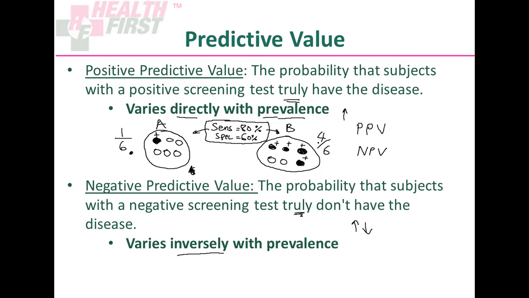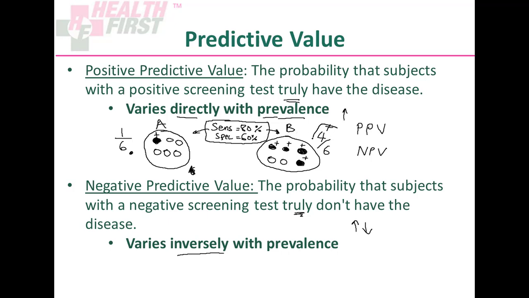So if you get a positive test result here and you get a positive test result in population A, the test result in population B is more likely to be true.